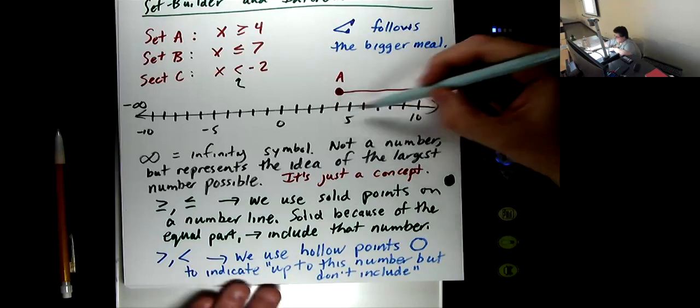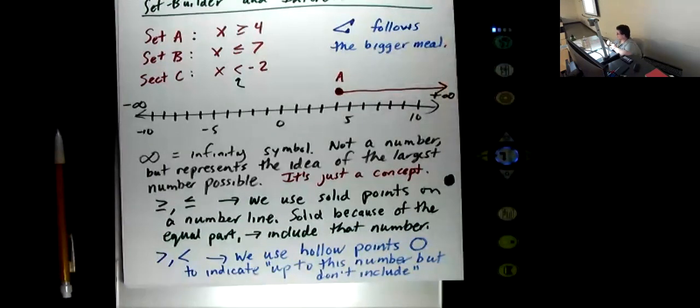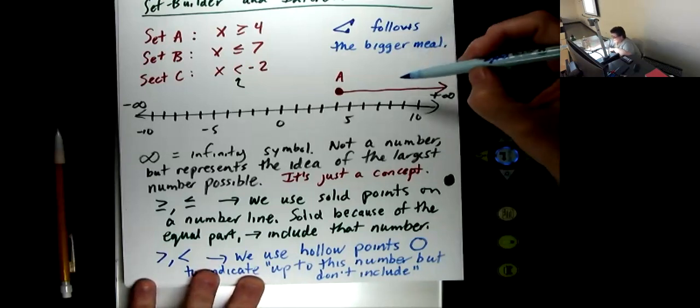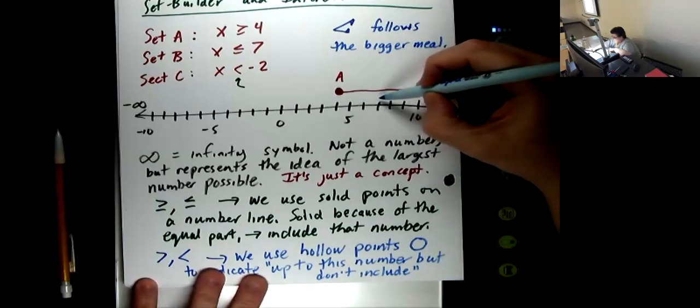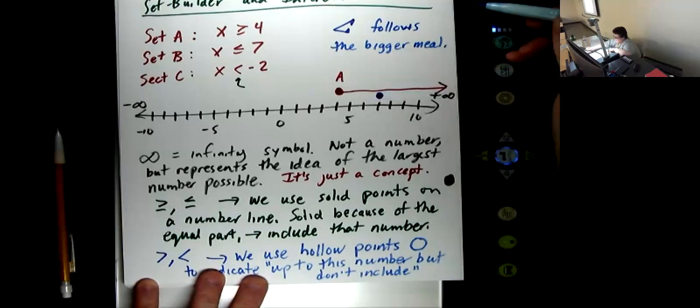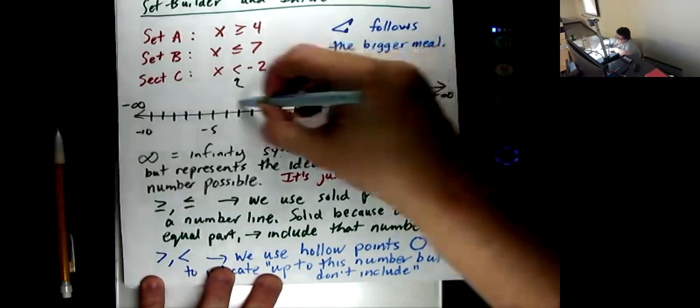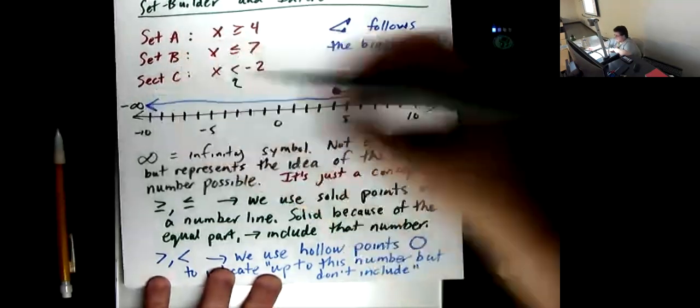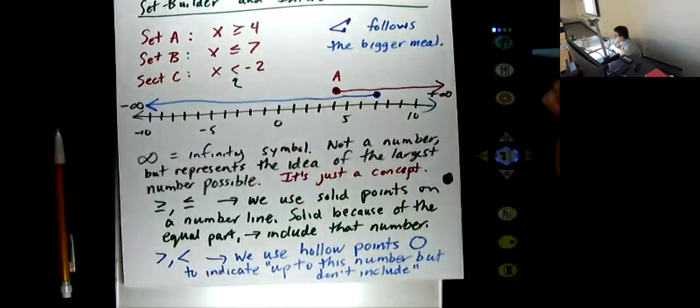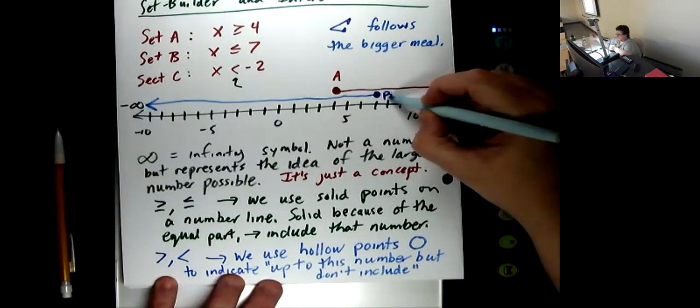You can do it on the number line, but I find doing it above the number line makes it a little bit easier to see, especially when you're drawing several. X less than or equal to 7 says find 7, which is right here, put a solid point because it has the equal portion. And then I want all numbers that are less than it. So we use an arrowhead to indicate it keeps going. That would be set B.